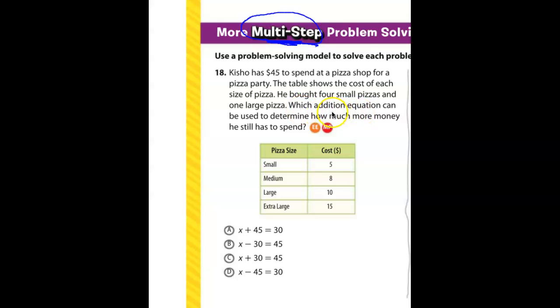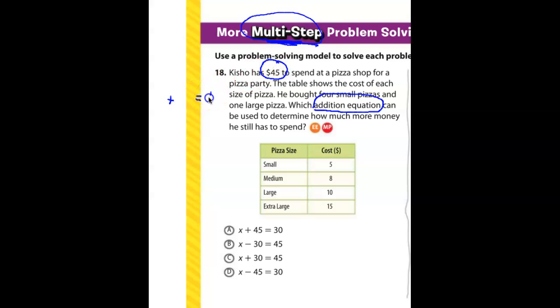So I'm going to go back and really look at the question first. It says which addition equation. So off to the side, I'm going to go ahead and write something plus something equals something, because I know I need to ultimately write an addition equation. And the other thing that I know is $45.